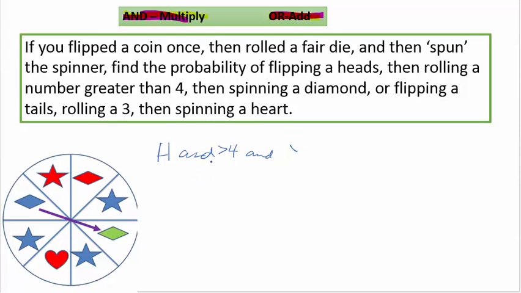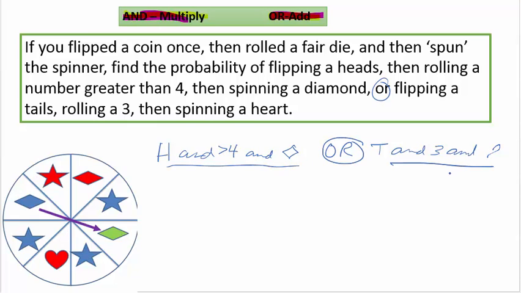So we have to have heads and greater than 4 and diamonds. Okay, but then it says or flipping a tails and rolling a 3, and then spinning a heart. So we got to have this happen or this happen.